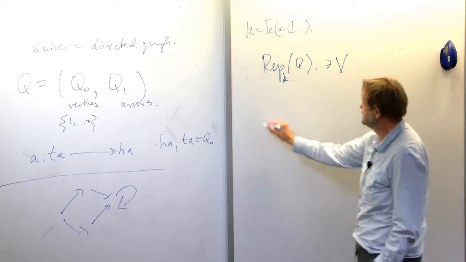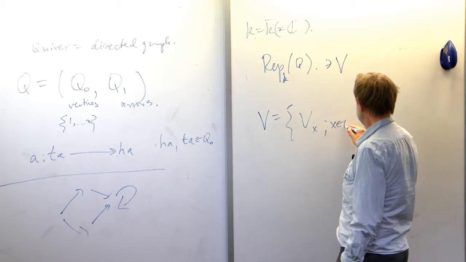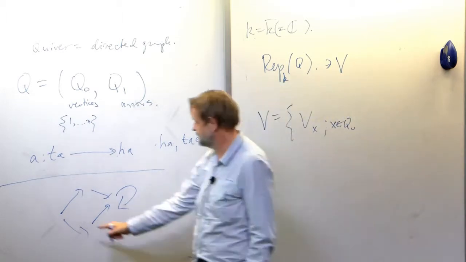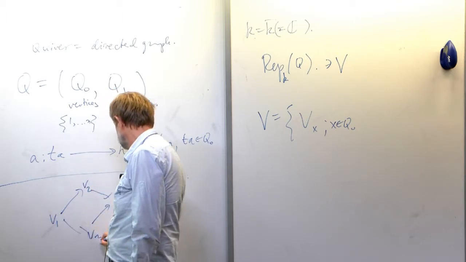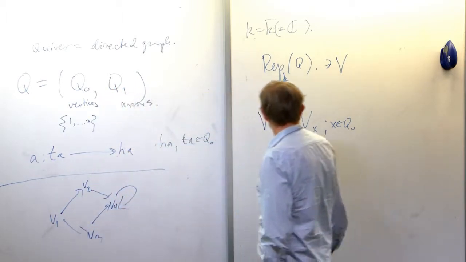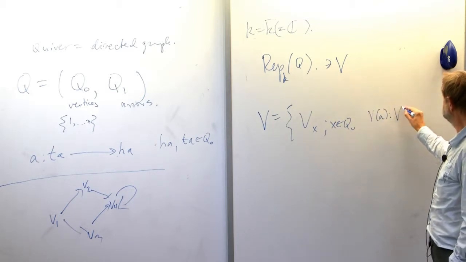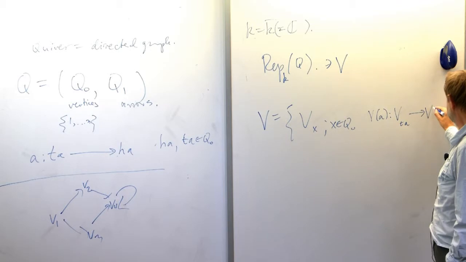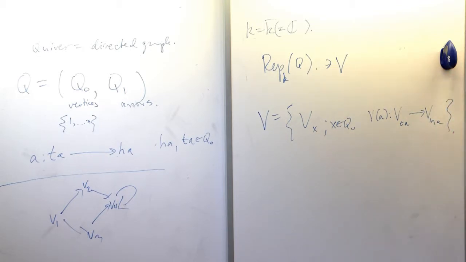It will be just associating to every vertex a vector space, say V1, V2, V3, V4, and to every arrow you associate a linear map. Everything here is finite. We will always assume those are finite dimensional vector spaces.